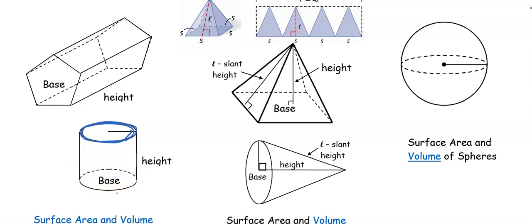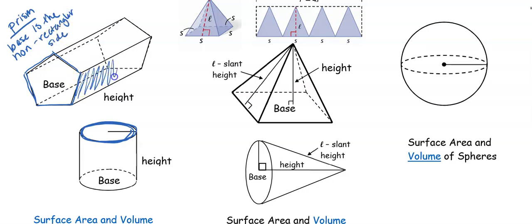Now, this is an example of one kind of prism. This is a pentagonal prism because the base is a pentagon. Now, in a prism, the base is the non-rectangular side. So if I look over here, this is a rectangle.